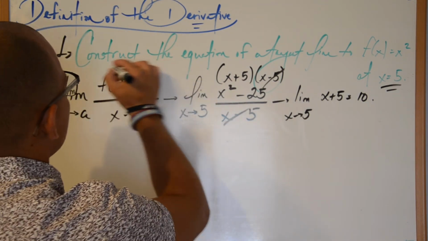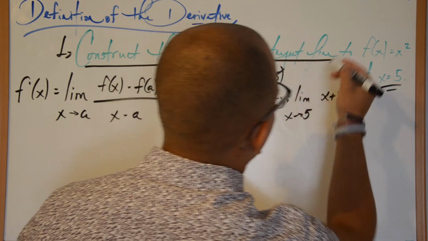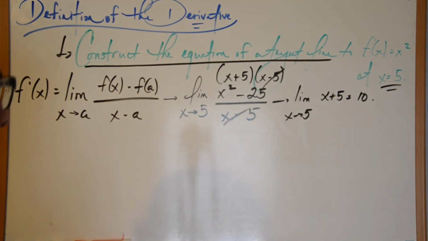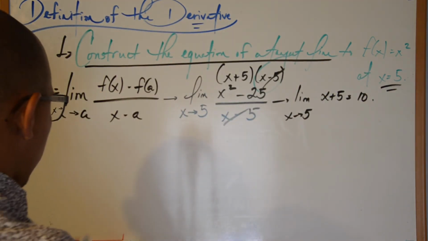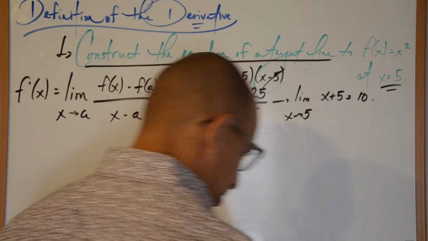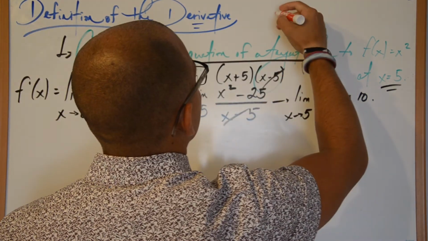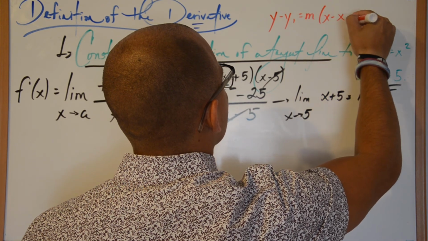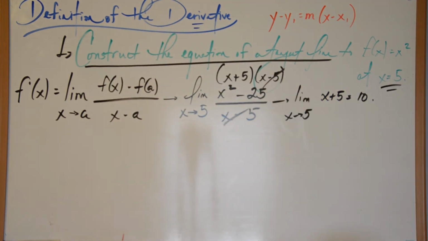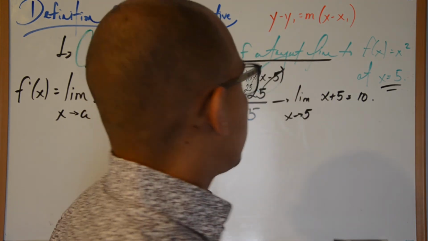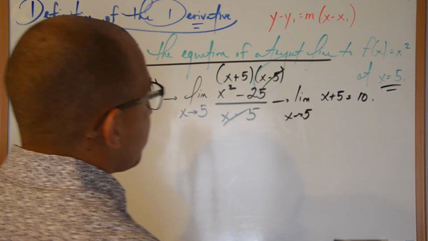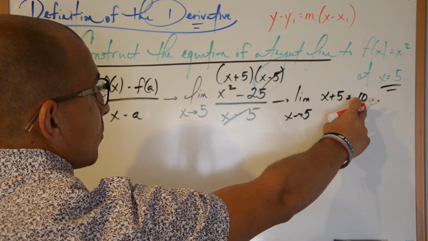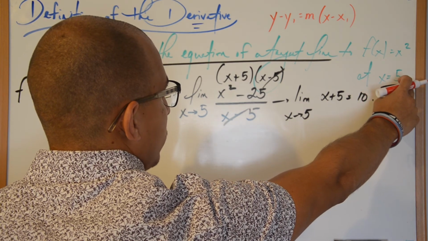Fantastic. But what are we to do with this? Because the question is saying construct the equation of a tangent line. If you forgot, that's perfectly fine. But back in Algebra 1, you learned this structure, which is the point-slope form of a linear equation. We have a slope, we have half of a point, right?